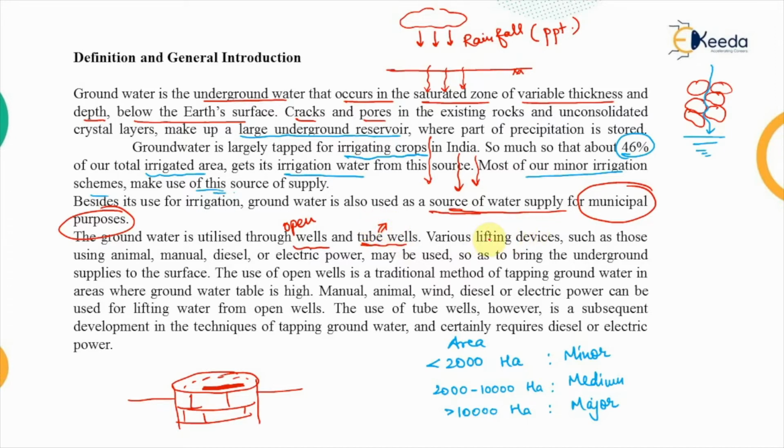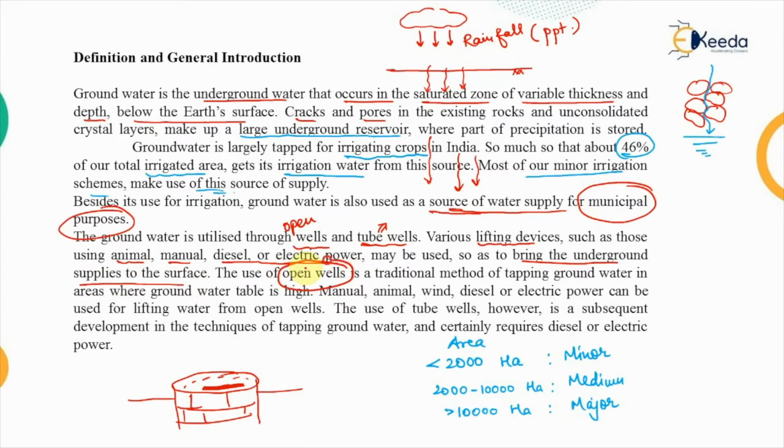Now since groundwater is available at a very large depth, to lift that water we have to use certain lifting devices. That may be manual or using animals or a source of power, either diesel or electric, so that we can bring the underground supplies to the earth's surface.